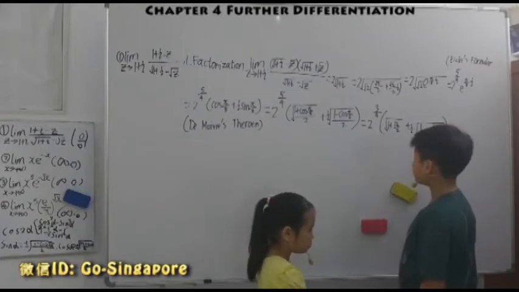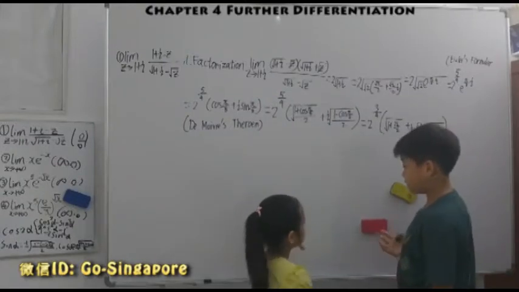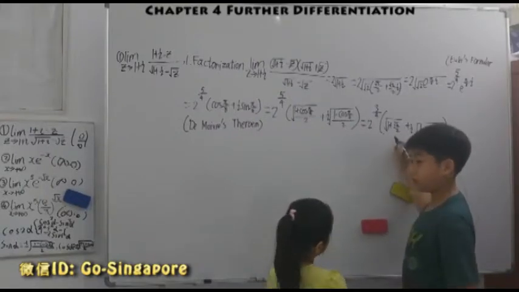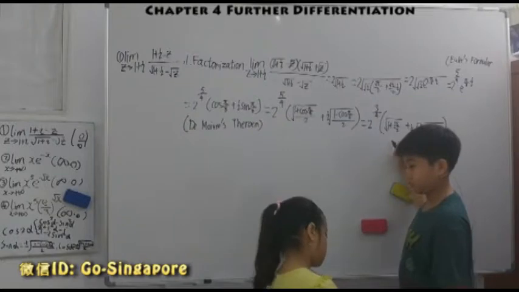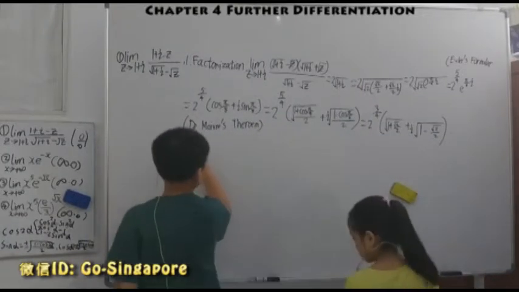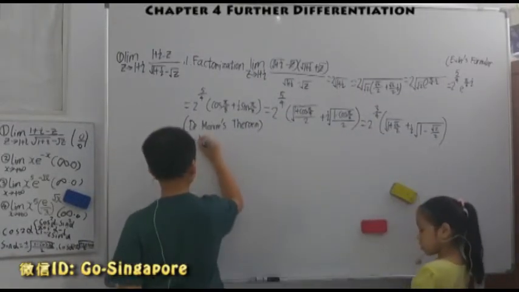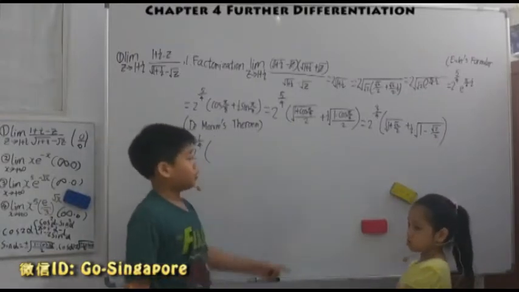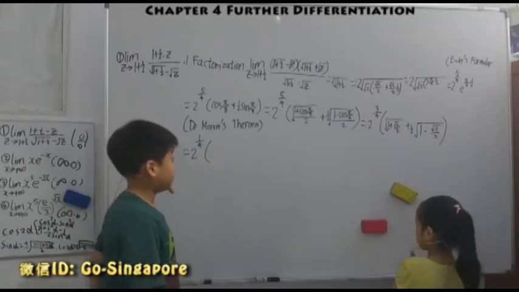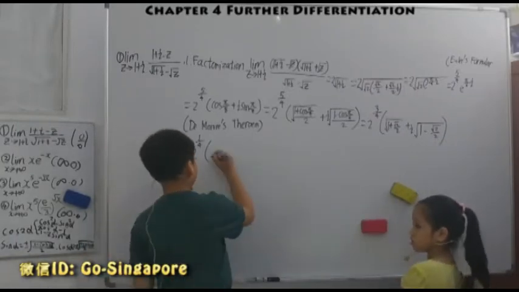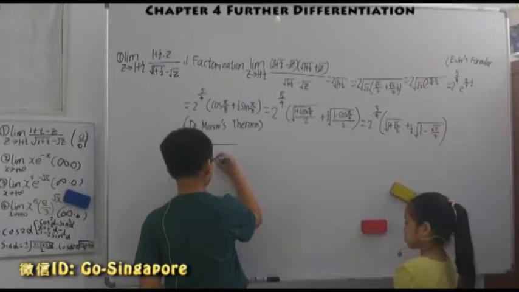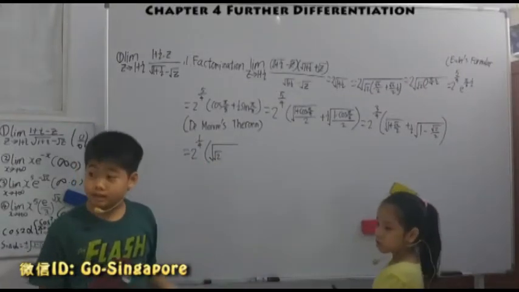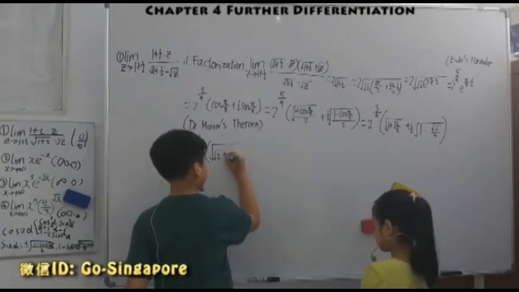Like this. What happens? Can we take out another square root 2? So this becomes 2, 1 over 4. But what happens to that? Would it be like square root 2? But what about the 1?